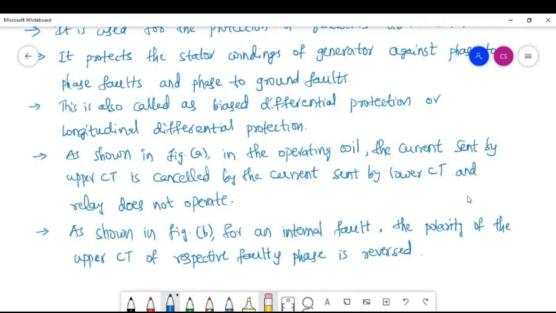Now the current is not going to get cancelled, but this time the currents will get added up.